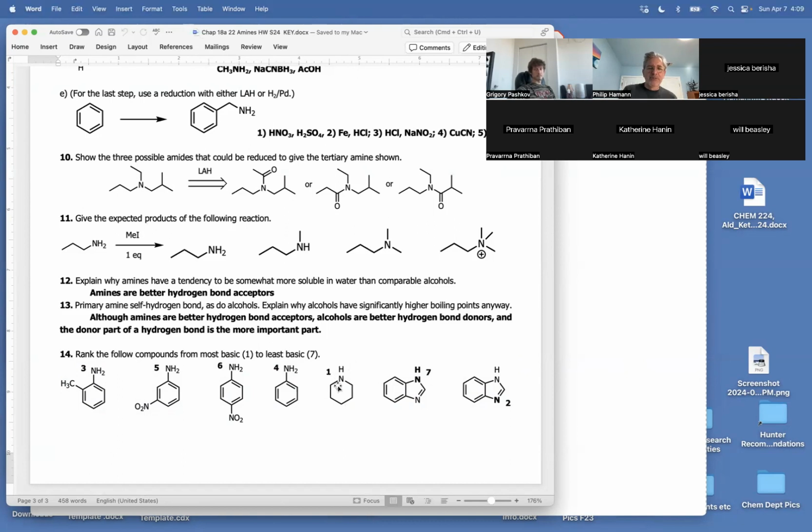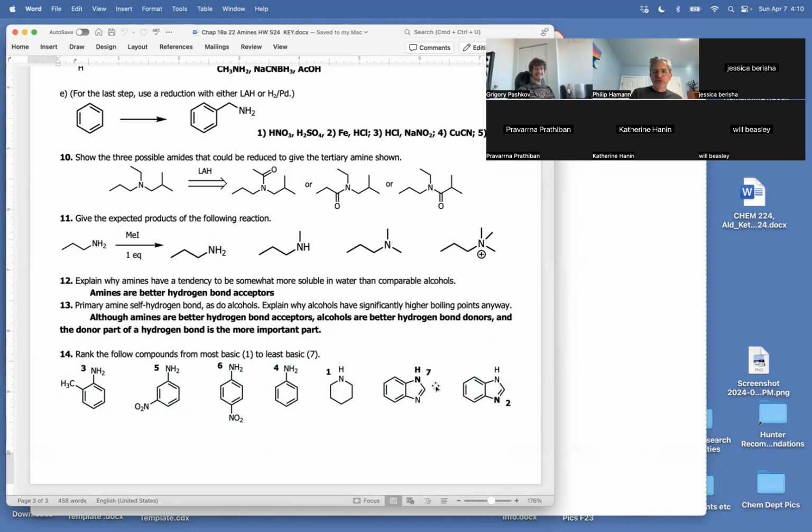So the normal amine is most basic. It's hard to make that nitrogen more basic with any modification, although there are ways to do it outside of aromatic systems. And then we know that this one has increased, this one is less basic, but is a good one. We know this one is non-basic completely.